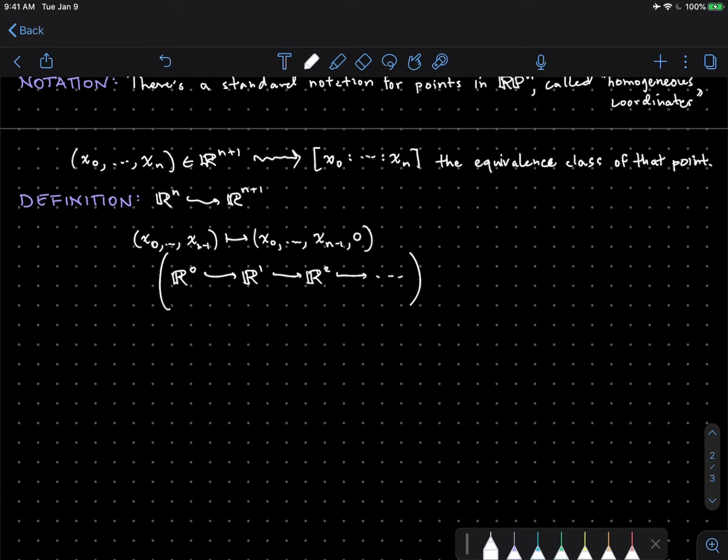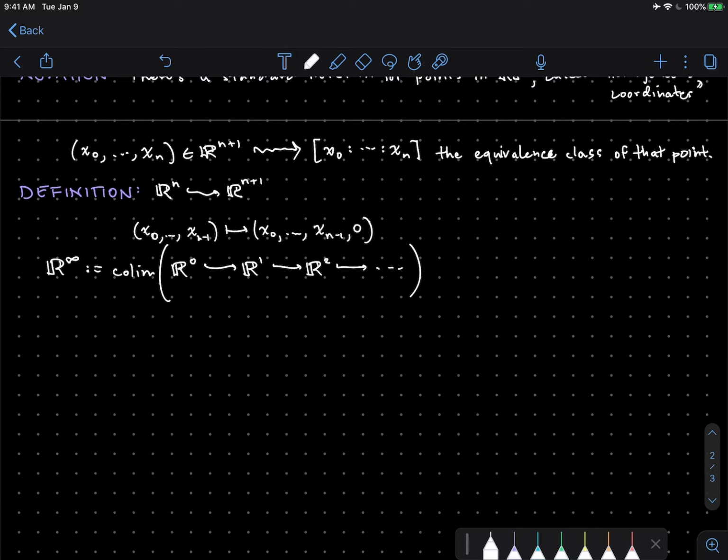The union is going to give us a space that we can call R infinity. And instead of a union, I'm going to write colim, and that's notation that will become clearer after next lecture. So, by colimit, I just mean the increasing union.